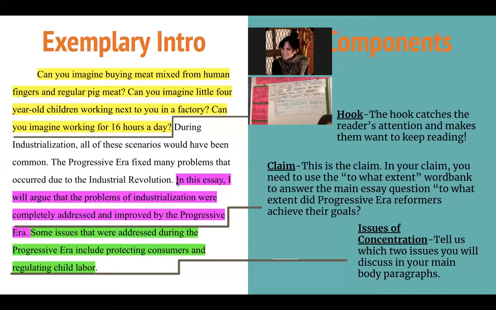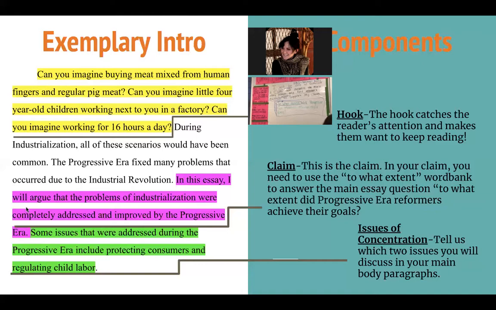Next, this person included their claim. The claim is highlighted in pink. In your claim, you need to use the "to what extent" word bank to answer the main essay question. To what extent did Progressive Era reformers achieve their goals? Your "to what extent" word bank was again included at the bottom of today's RTL.